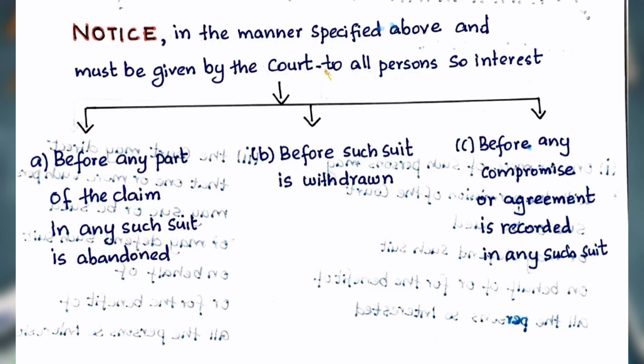Notice in the manner specified above must be given by the court to all persons so interested before any part of the claim in any such suit is abandoned, before such suit is withdrawn, and before any compromise or agreement is recorded in any such suit.